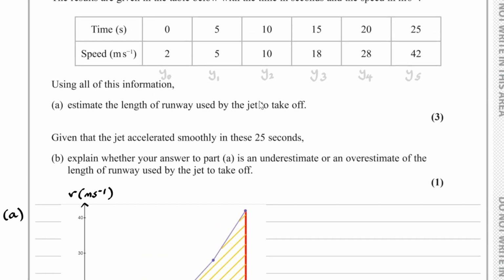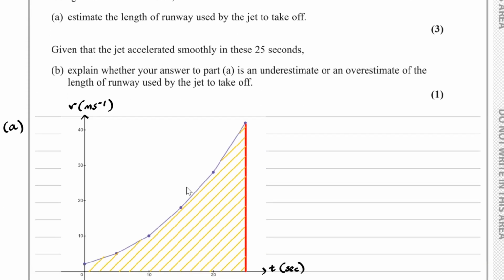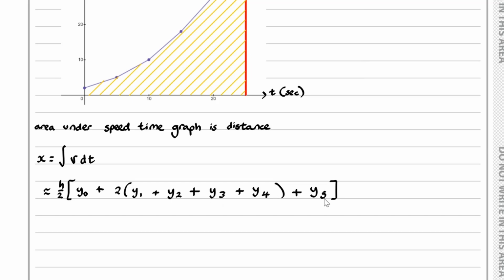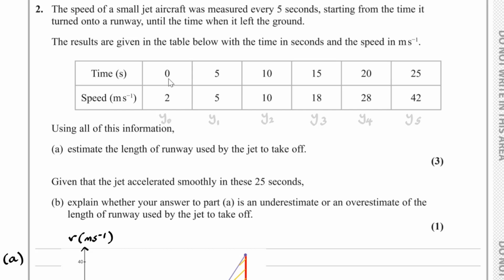And we can quite easily work out an approximation for the area by substituting these into this formula here. Now h, that will be the distance between each interval, so we have 5 for h.